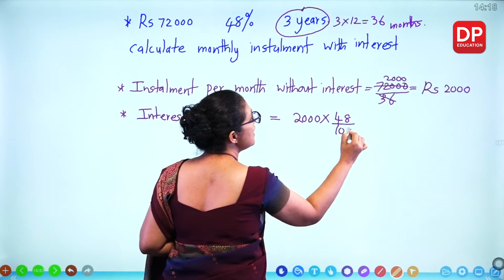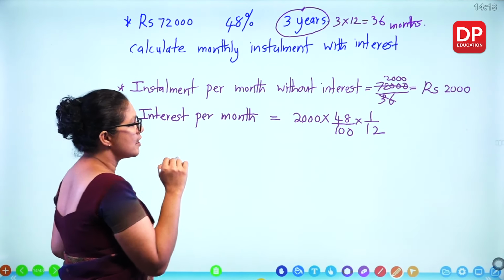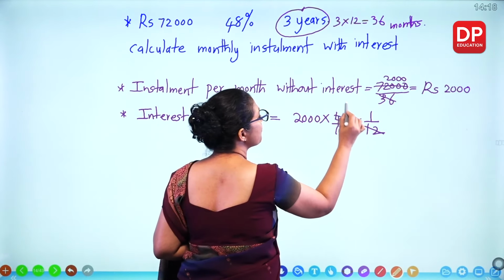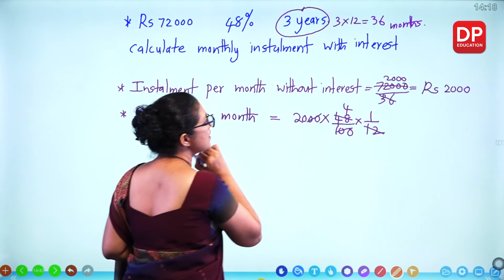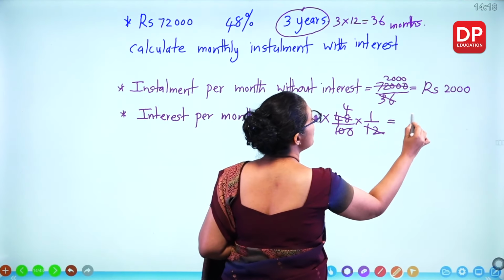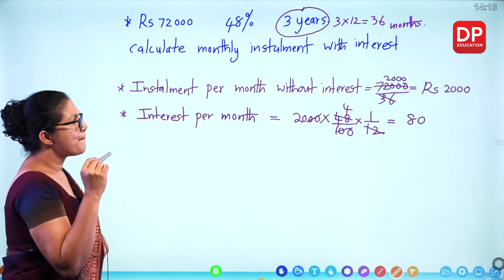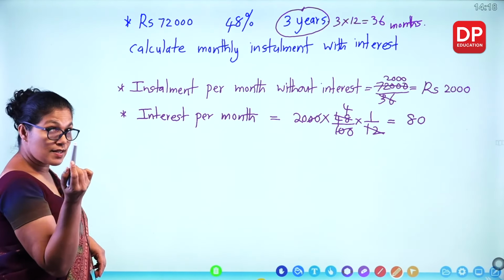That's annually, and for 1 month you have to divide this by 12. 12 times 4, and here 100 get cancelled out with this one. 20 times 4, 80 rupees. That's interest per month.